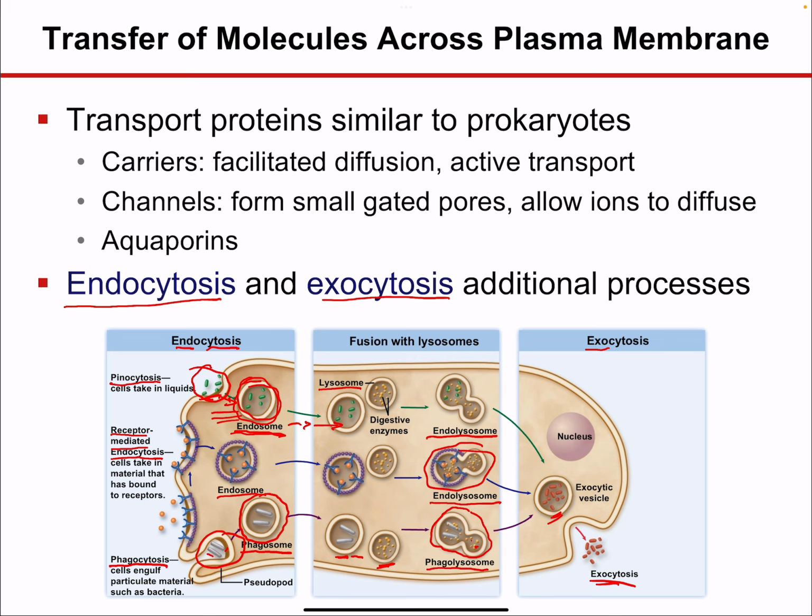Exocytosis, on the other hand, is actually the reverse of what we saw in endocytosis. In endocytosis, we brought some material into the cell. In exocytosis, we are bringing some material out of the cell.